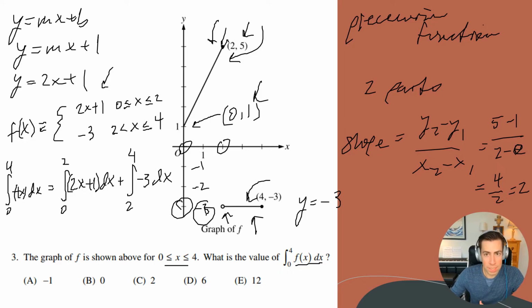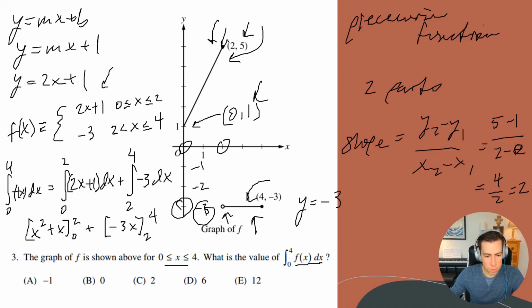Whenever I compute these two integrals, I get x squared plus x evaluated from 0 to 2, plus -3x evaluated from 2 to 4.